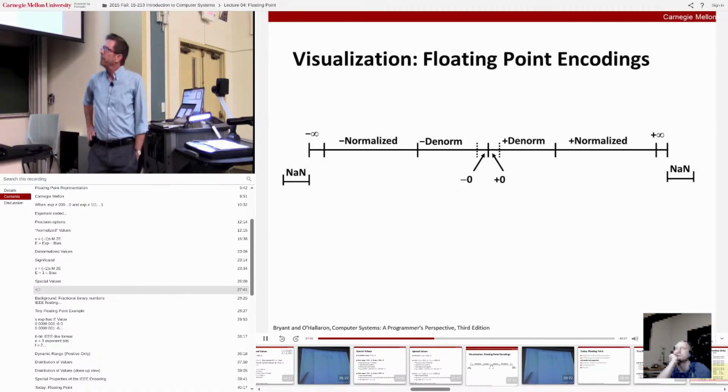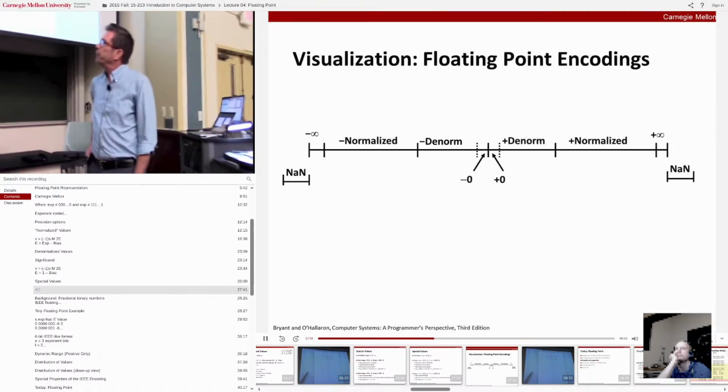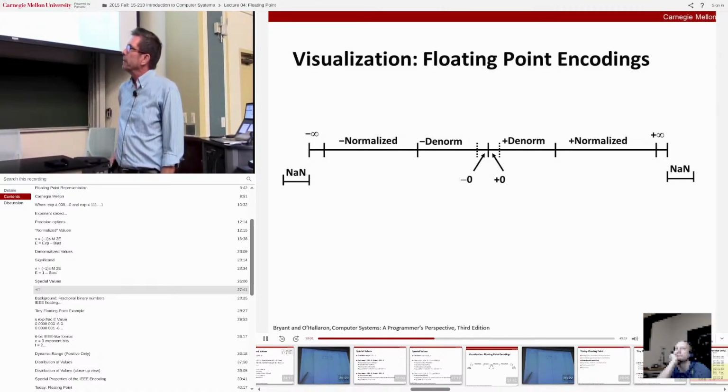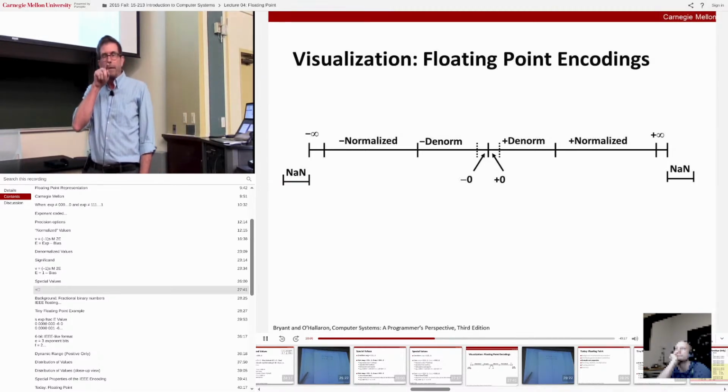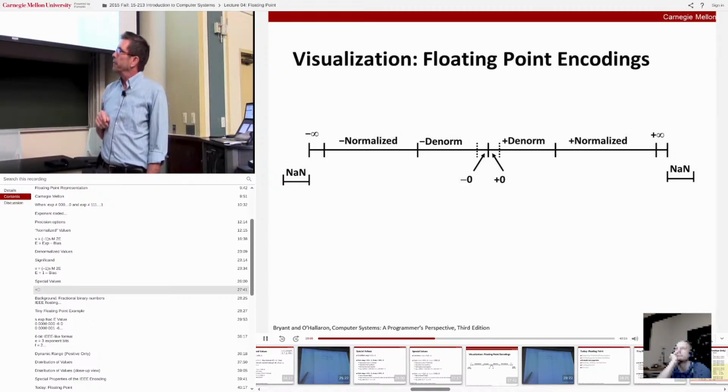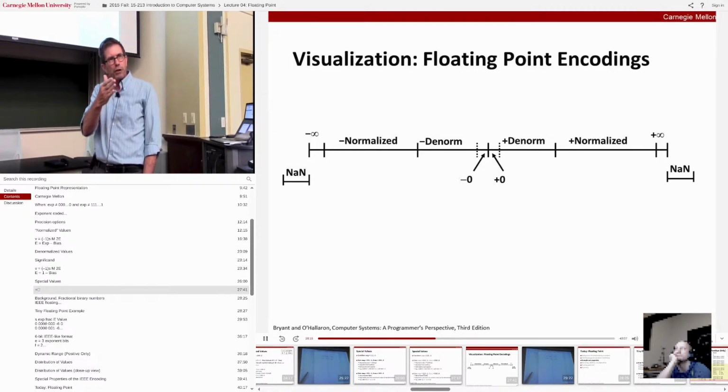So I think it's helpful to visualize the number line now. We have positive 0 and negative 0 right next to each other. Then to the right of that are the positive denorms. And those transition into the normalized numbers.